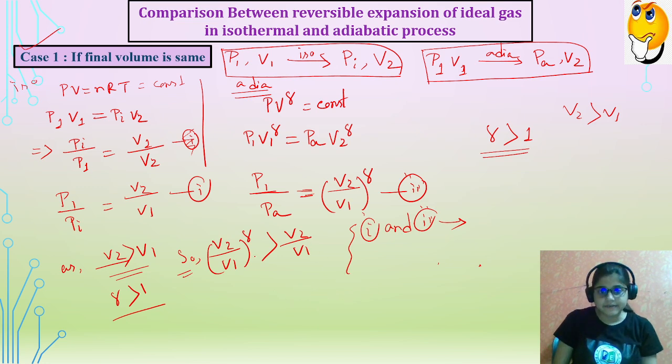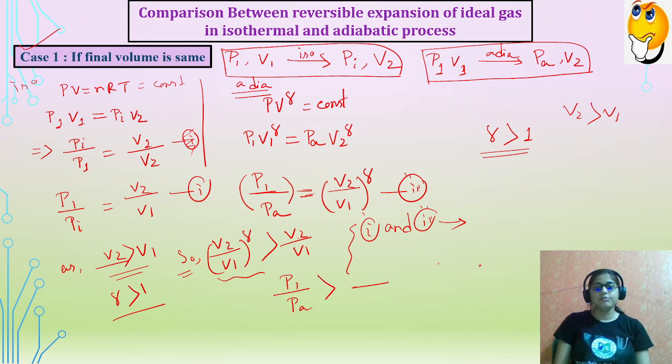We can write that this was the value of P1 by Pa. It will be greater than V2 by V1, only V2 by V1 here, right? P1 by Pi.